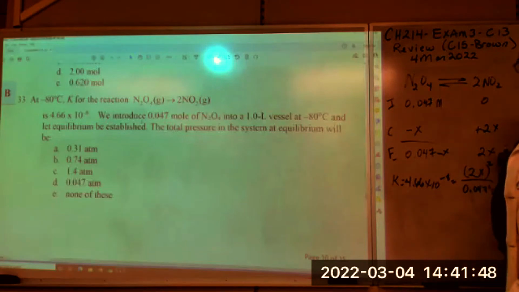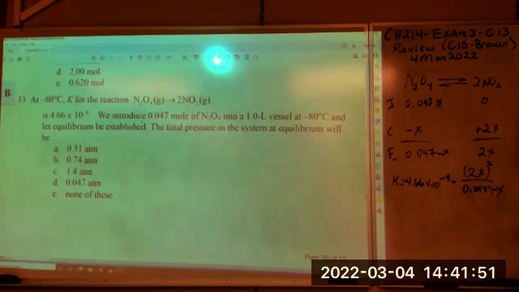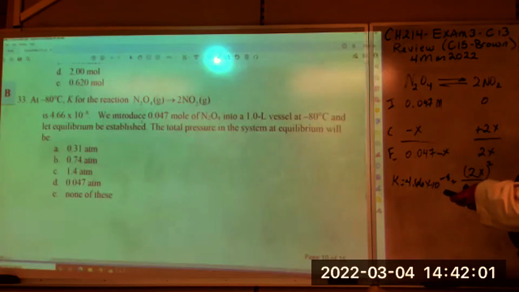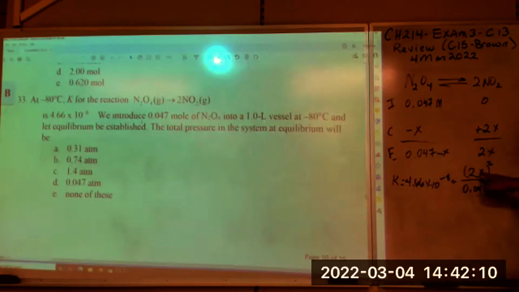x is going to be extremely small. So at the very least, we can do away with that term. And then if we say 4.66 exponent minus 8 times 0.047, and then this is going to be 4x squared, right? So we divide this by 4, and then take the square root of it.